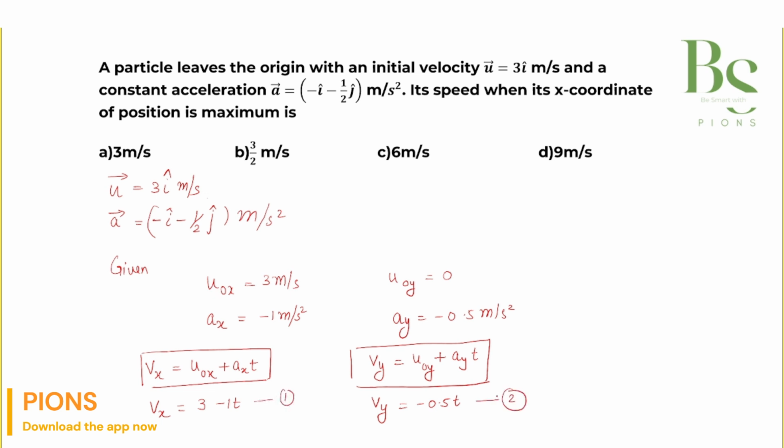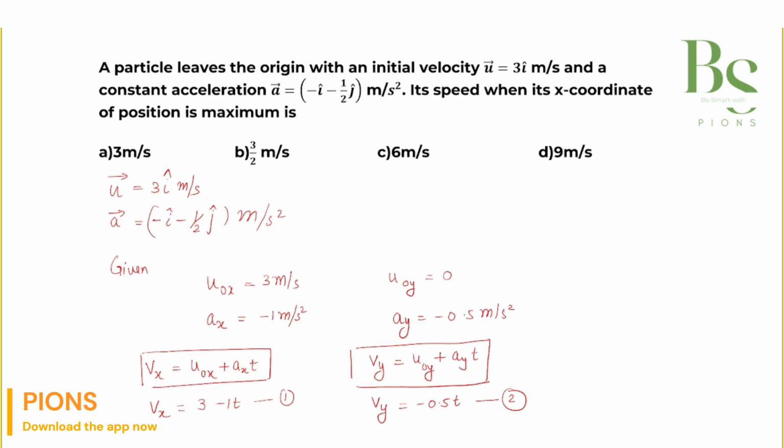Let's read the question. They are saying its speed when its x coordinate of position is maximum. So when they are talking about the x coordinate being maximum, which means first derivative, be very careful, maxima minima, first derivative dx by dt must be 0. And what is dx by dt? That is nothing but Vx, which will be equal to 0.